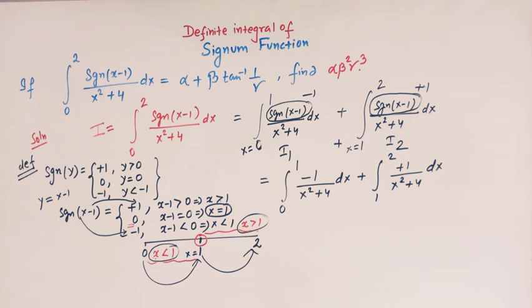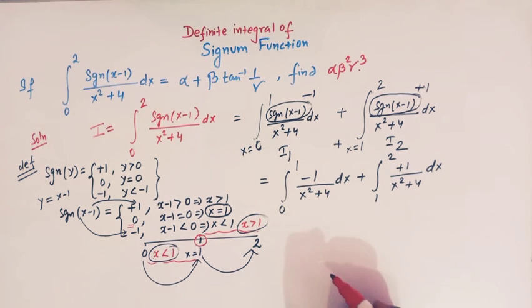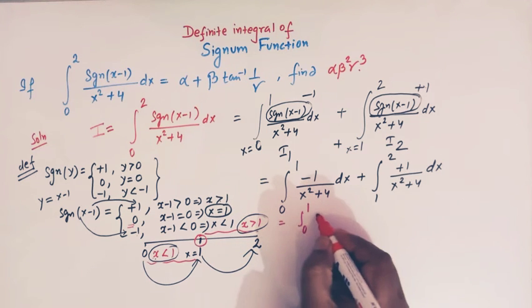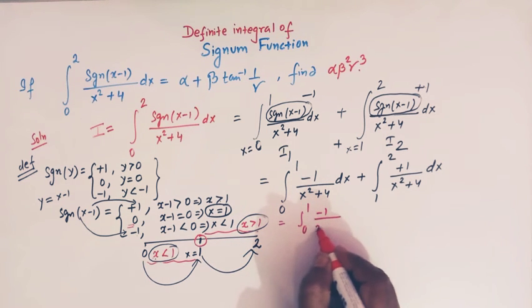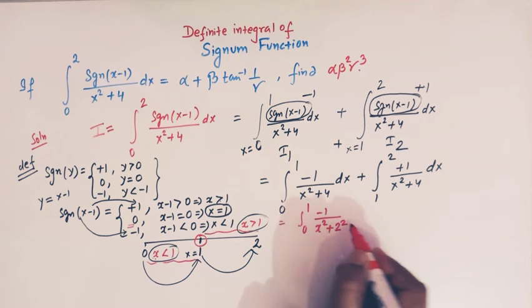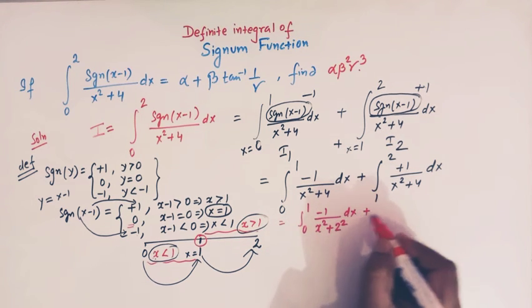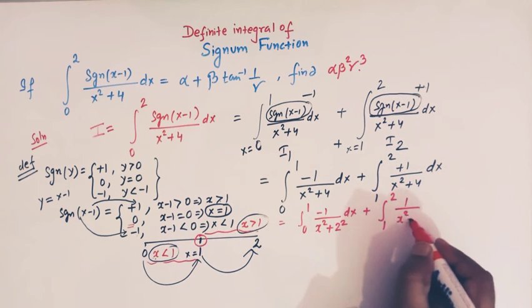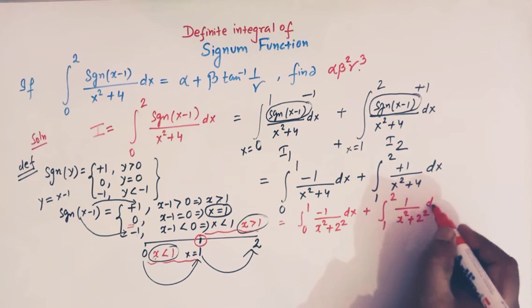Okay, so now we have two simple integrals, right? This can be written as 0 to 1, here we have minus 1 over x square plus 2 square dx, and here we have 1 to 2, plus 1 over x square plus 2 square dx.